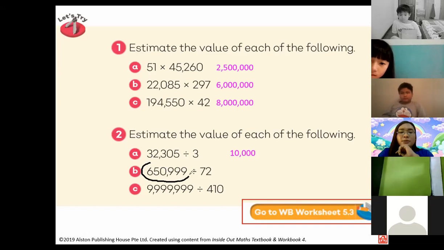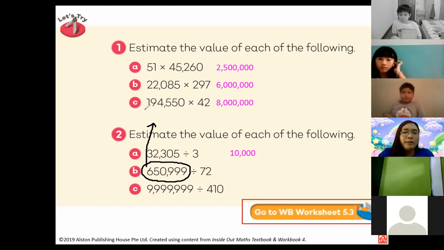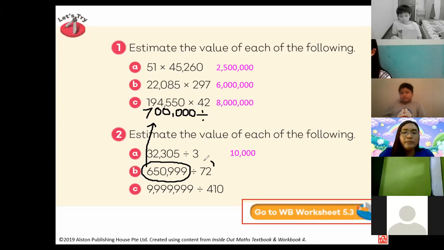Round this number to the nearest 100,000, so this will become 700,000. And then divided by 72, round to the nearest 10, that's 70.